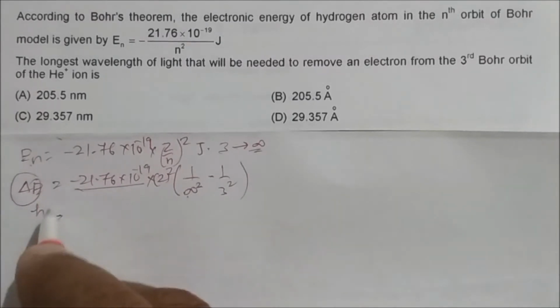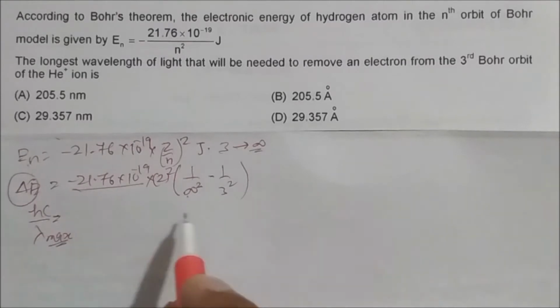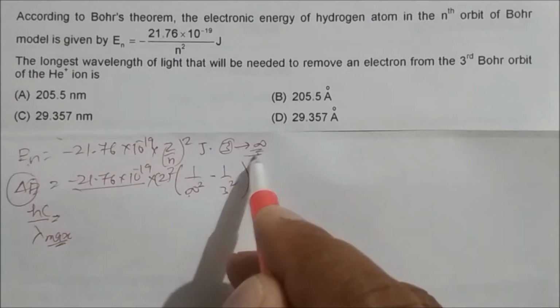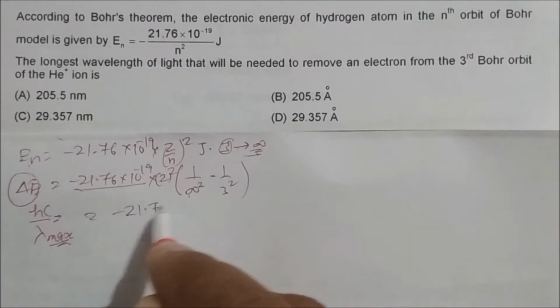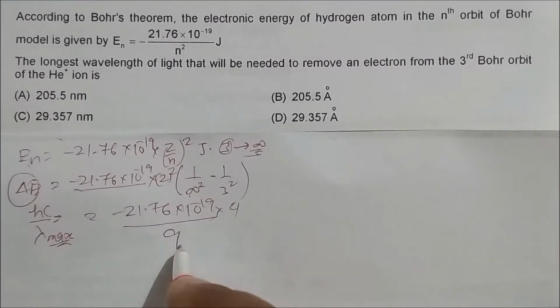Delta E is nothing but hc by lambda. Lambda will be a maximum. Why is it maximum? Because your electron is going from the third orbit to the infinite orbit, so in that case lambda will be maximum. So this is minus 21.76 into 10 to the power minus 19 into 4 divided by 9.